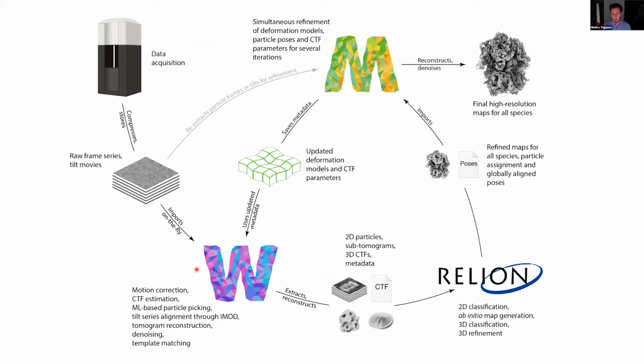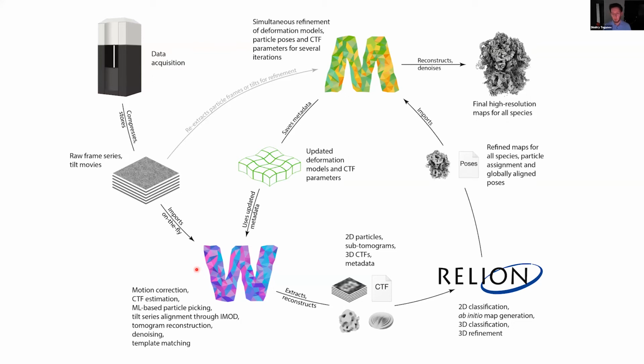Or in case of tilt series data, it exports subtomograms, which can then be processed in RELION, where you have a wide range of options, such as 2D classification, ab initio map generation, 3D classification, 3D refinement, and so on.